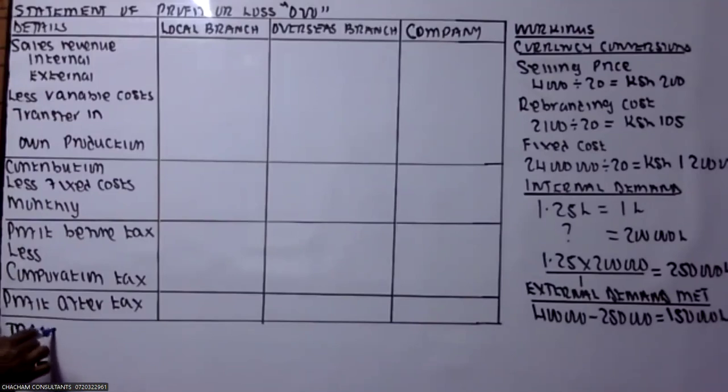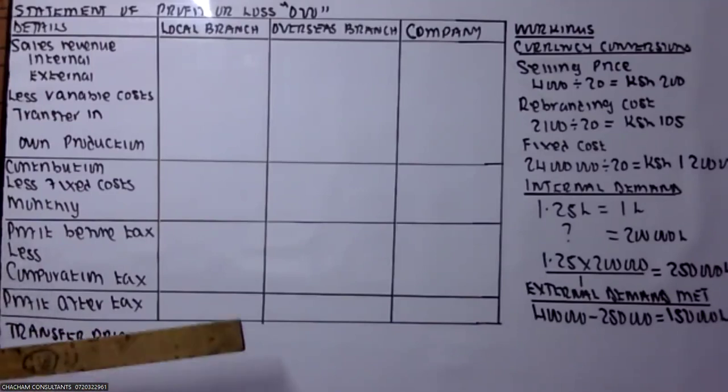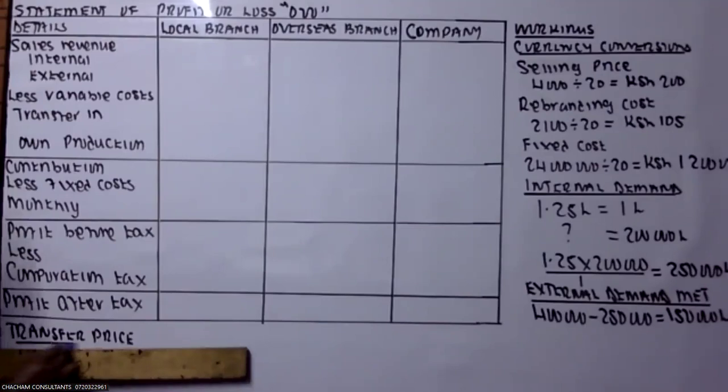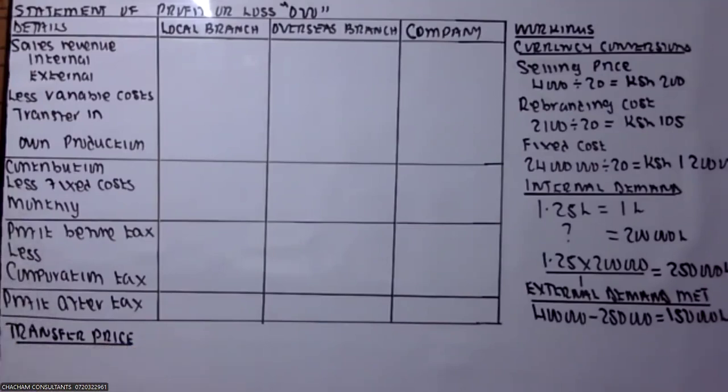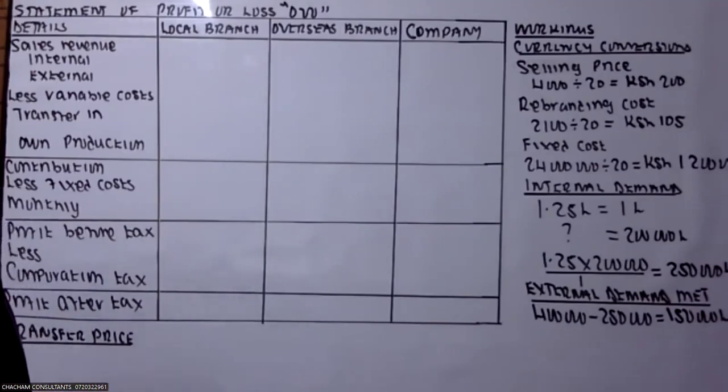This is the marginal cost plus. Marginal cost, remember, is the variable cost. So the variable cost of making 1 liter in the local branch is 40.